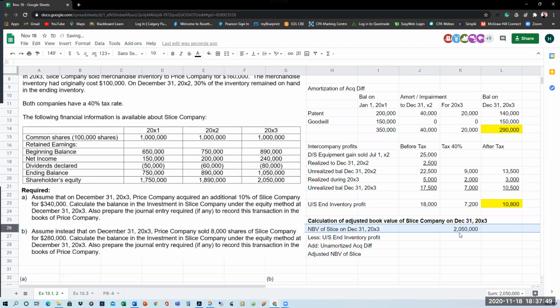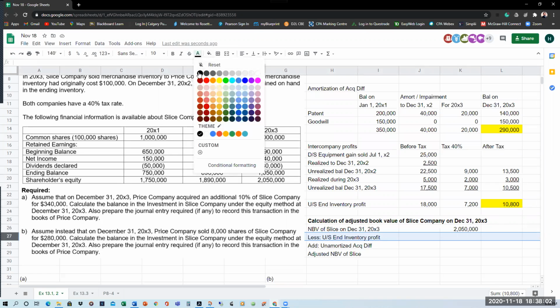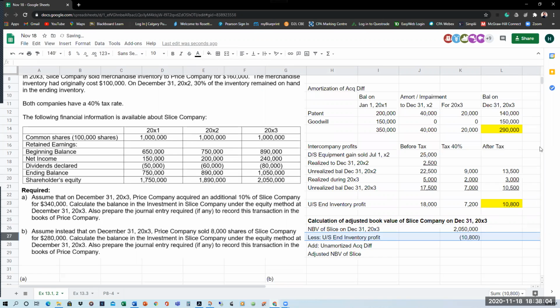That $2,050,000 needs to be adjusted for the unrealized upstream ending inventory profit. So you subtract the upstream ending inventory profit, 10,800, and add the unamortized acquisition differential, which is $90,000. Remember, acquisition differential includes both the fair value differences and goodwill.